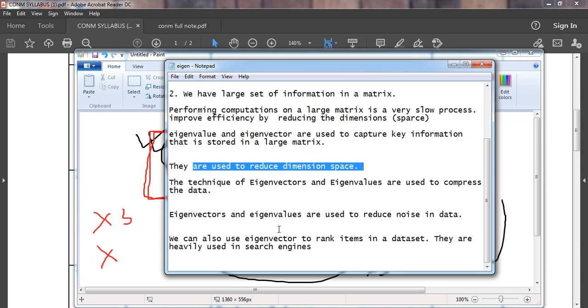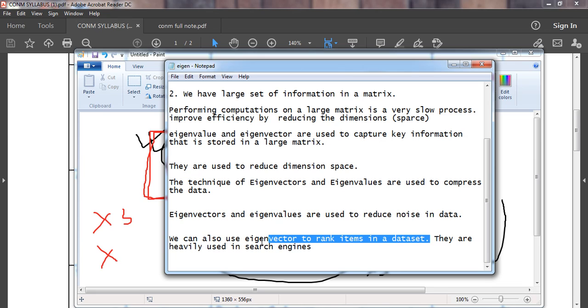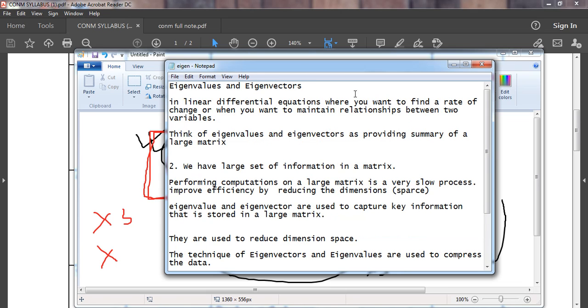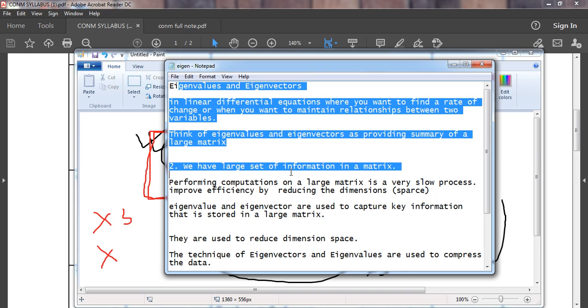These are also used by search engines in order to rank the items, because obviously on the search engines also, these are data sets which will have relevant information and irrelevant information. They keep track of the relevant information. So this is the basic idea why we need eigenvectors and eigenvalues.